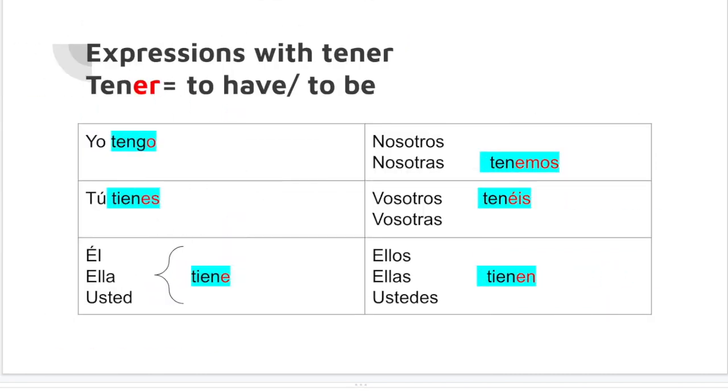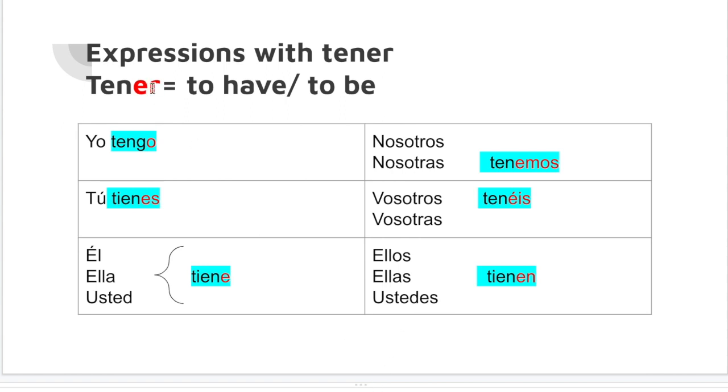Now you're going to learn some expressions with tener. Tener could have two meanings, to have or to be, depending on the context. You learned the meaning of to have a long, long time ago and how to use it. For example, yo tengo un lápiz, I have a pencil. So yo tengo, tú tienes, él, ella, usted tiene, nosotros tenemos, vosotros tenéis, ellos, ellas, ustedes tienen. You learned that it was an ER verb long, long time ago before we talk about these endings.